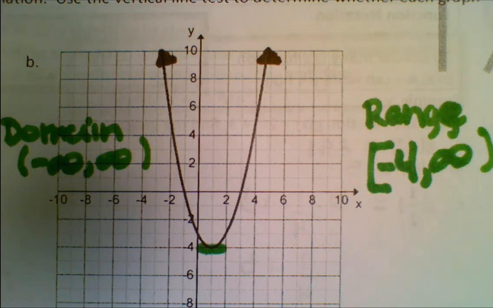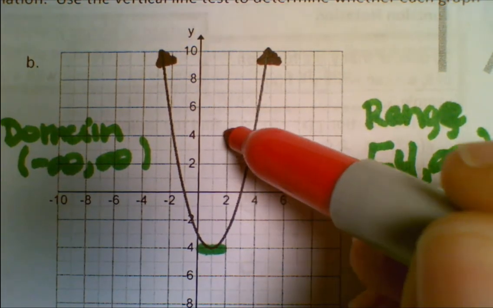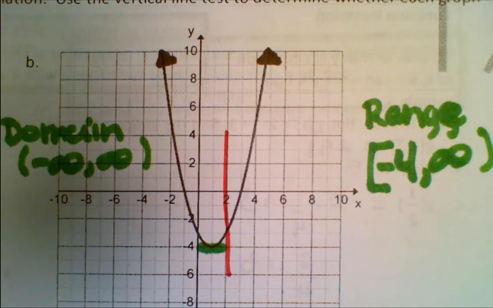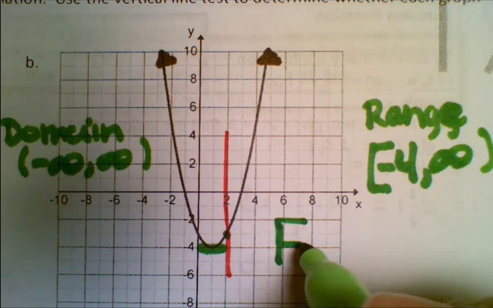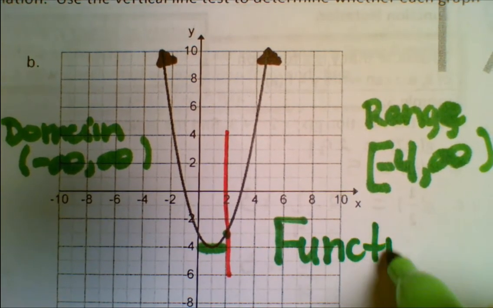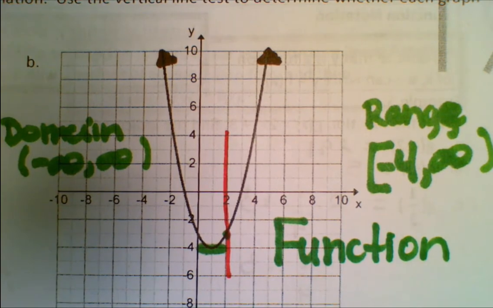And then to answer the last question, draw a vertical line. This parabola touches once on the vertical line. Therefore, this graph is a function.